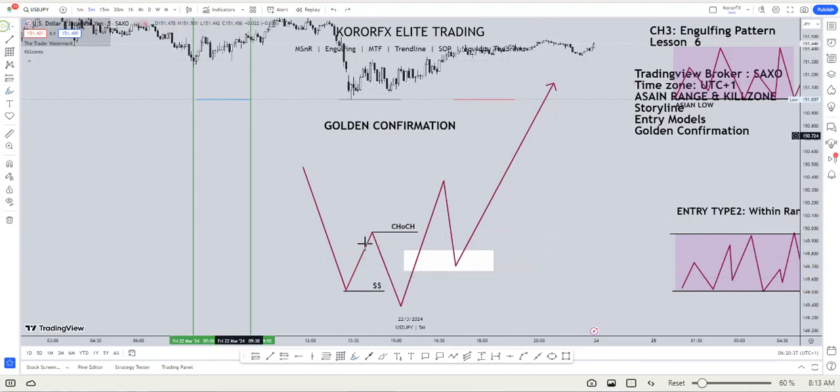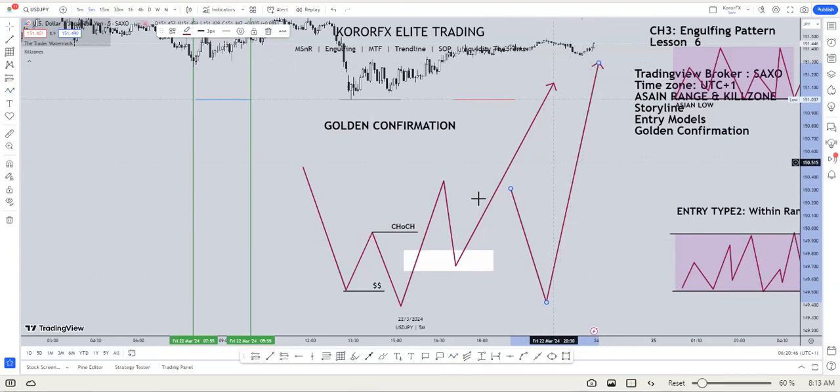It will enter our kill zone, and then automatically go without forming any change of character or sweep of liquidity.